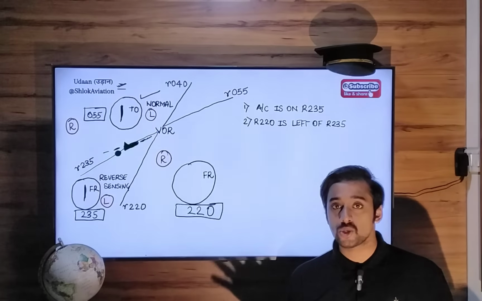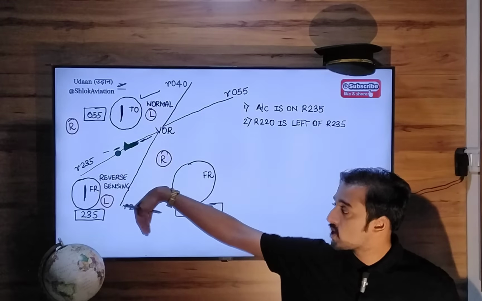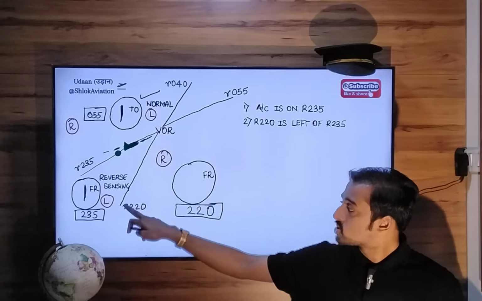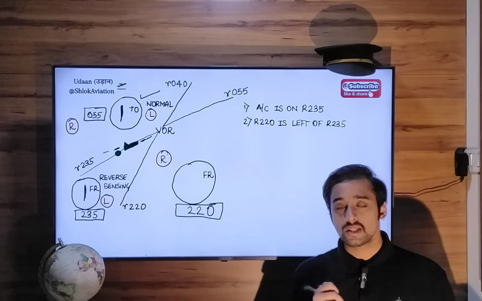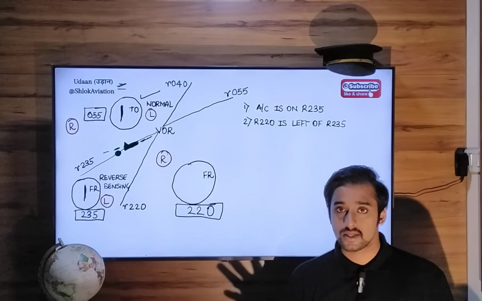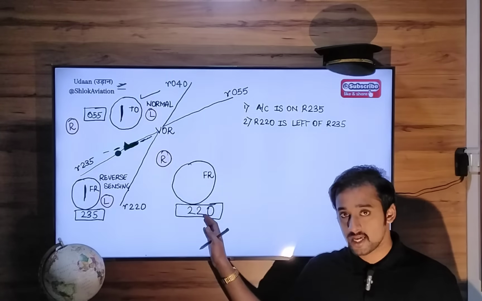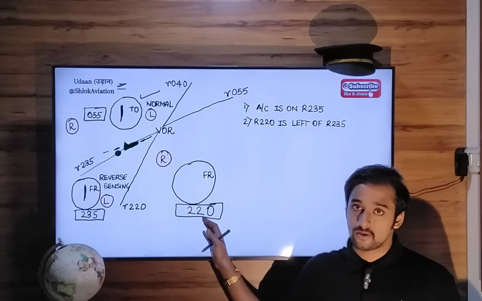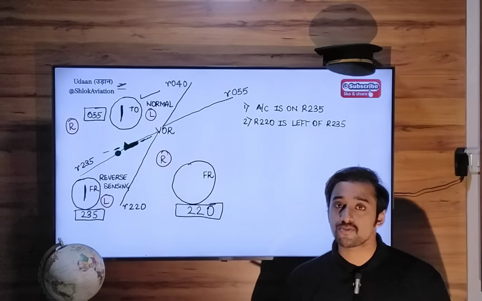So your perspective should be from the point of view of outbound. So going outbound, this is your left side, that is your right side. So 220 is to the left of radial 235. So this is no mistake of OBS. Your equipment is working right. It will work according to the setting you put inside. It's the pilot error.